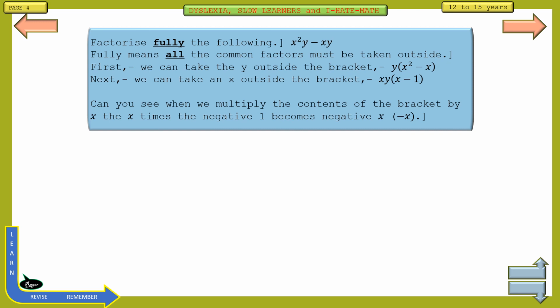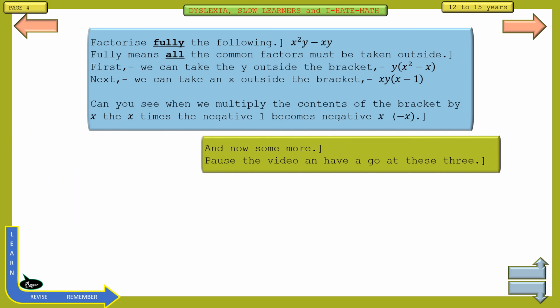Next, we can take x outside the bracket, so we have xy into x minus 1. Can you see we multiply the contents of the bracket by x? The x times the negative 1 becomes negative x.